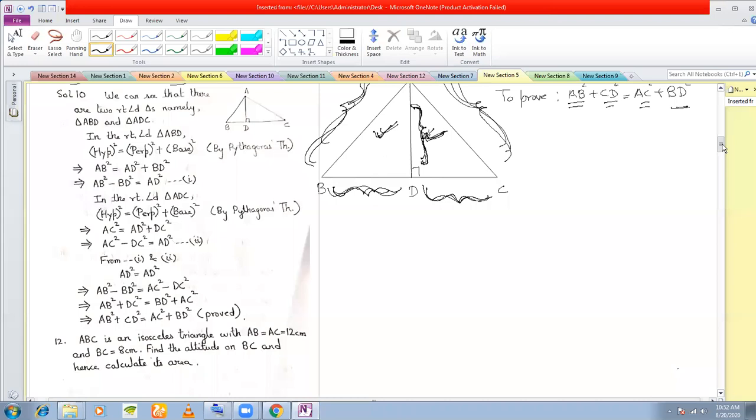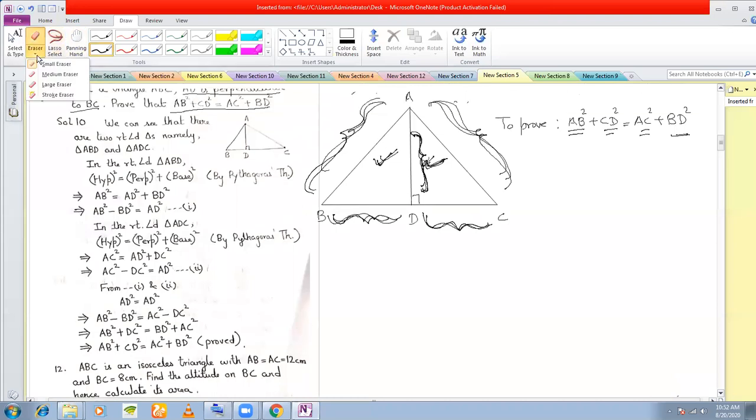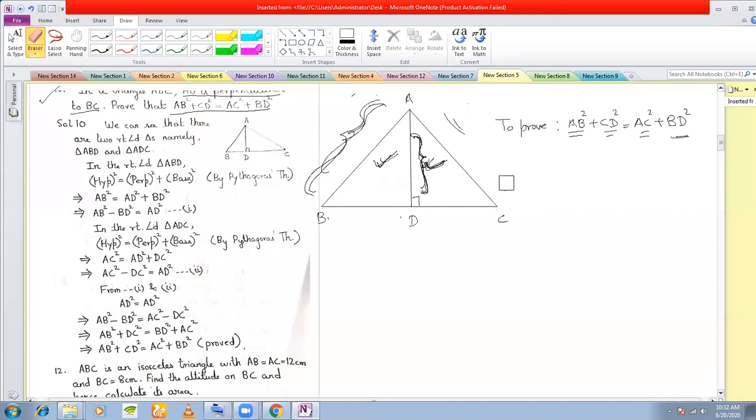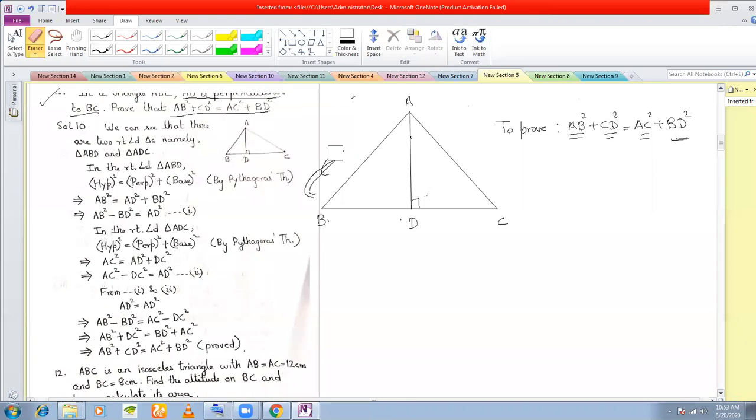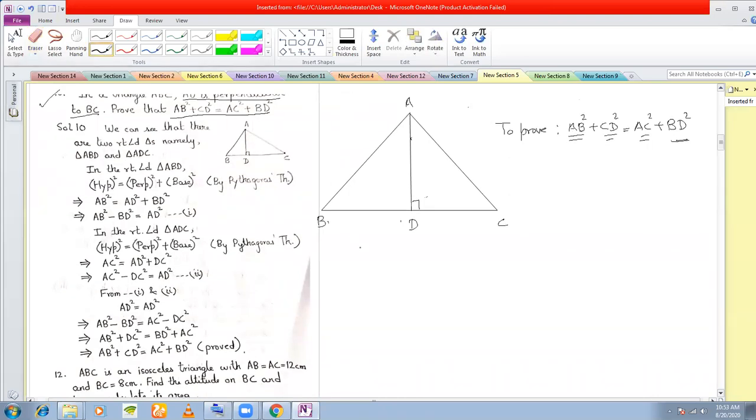So what you do is, let me first erase all this. Okay, so we first look at this right angle triangle.